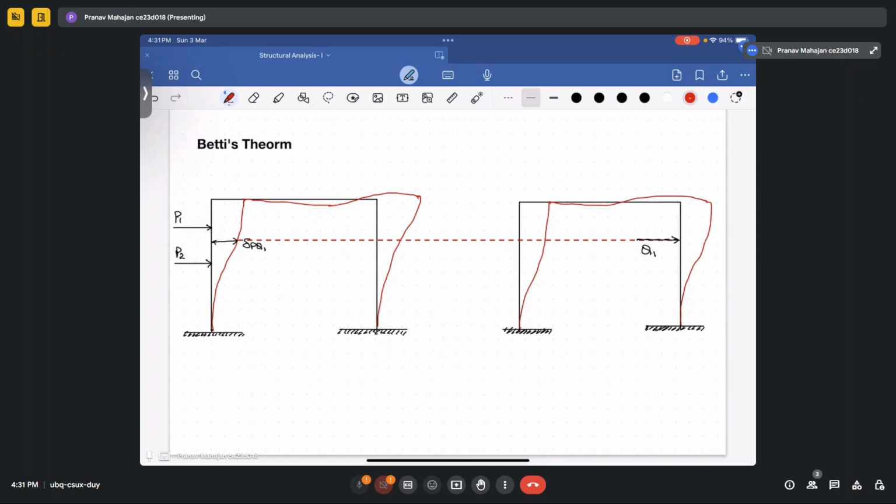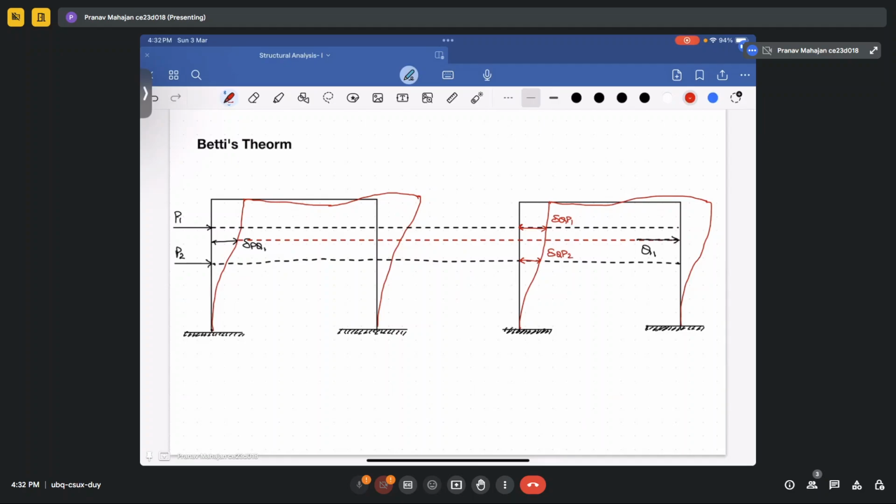Okay. So what Betty's law says is that due to these external forces applied on the member, due to this P1 and P2, the deflected shape in another frame, that is system 2, is this: this is your delta QP1, this is your delta QP2.